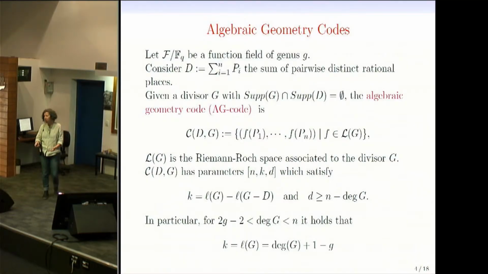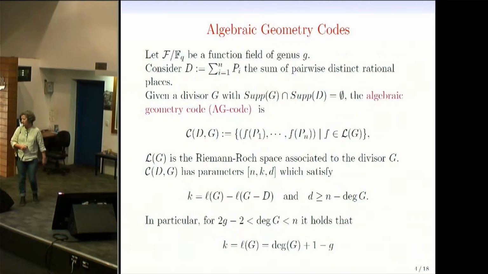Evaluation is always linear, so the image of a linear function is a vector space. So our code is just the image of the evaluation function. Why are these codes so important? Because since we have an underlying algebraic curve related to them, we can already say something about the parameters.